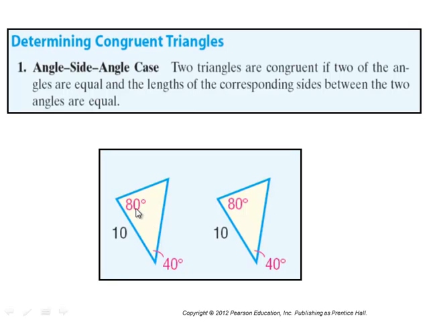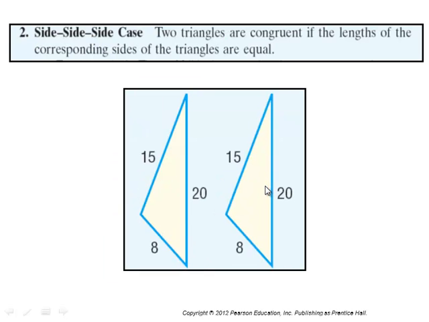Because look, if you know these two angles and the side between them, then using some techniques from trigonometry, which you'll probably take next semester, you can find these other two sides and guarantee that these two sides will be the same as these two sides for the other triangle. And oh, by the way, if you know that these two angles are 80 and 40 for a total of 120, 180 minus 120 is 60, then this angle is 60, and therefore this would also be 60.